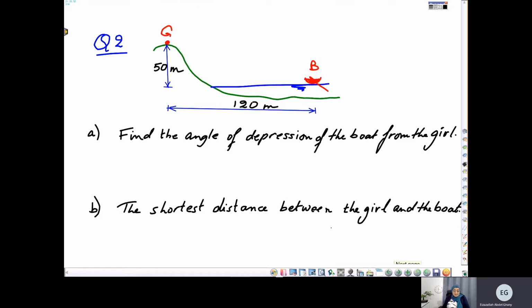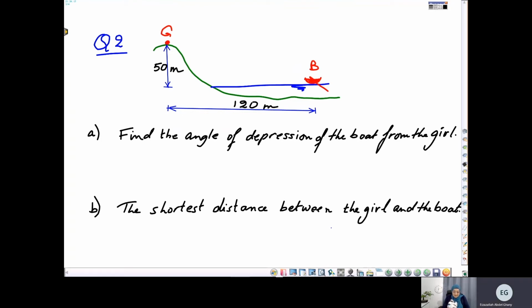A girl standing on a hill. Here is the girl, G. Standing on a hill. Of course, you'll expect its angle of depression because she will. Let's read it. A girl standing on a hill at A, here, can see a small boat at a point B on a lake.